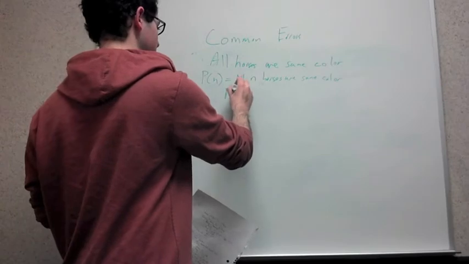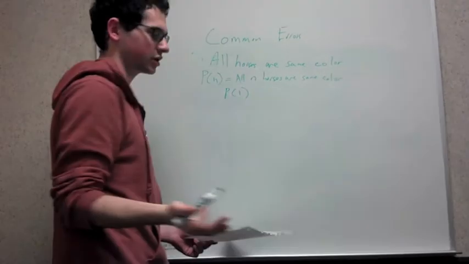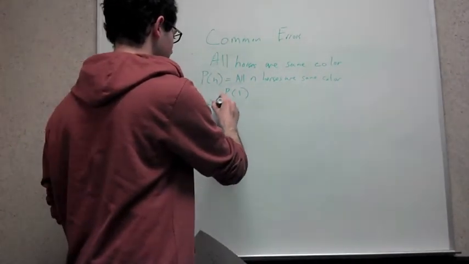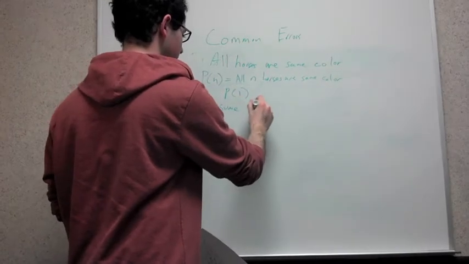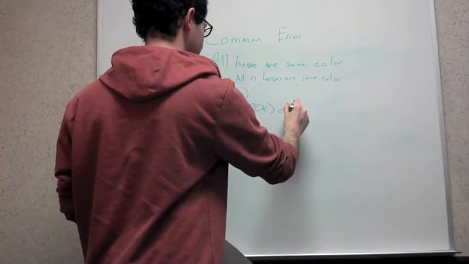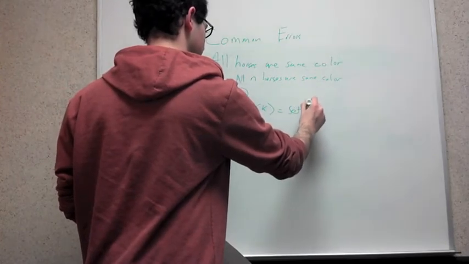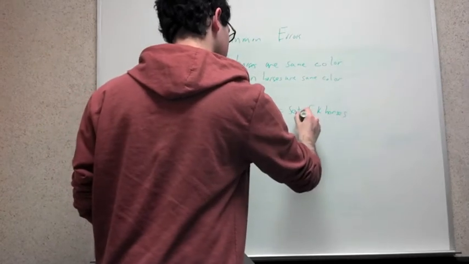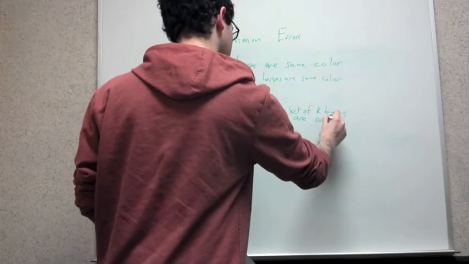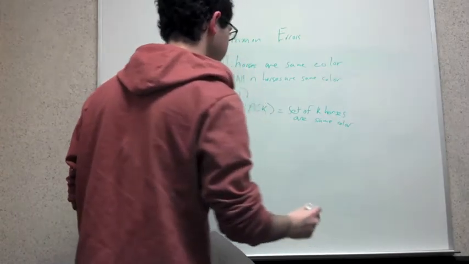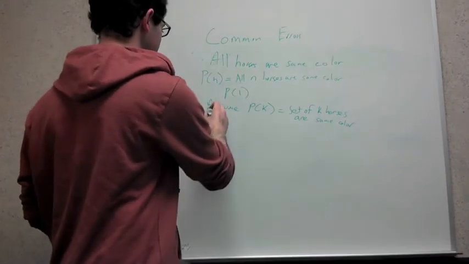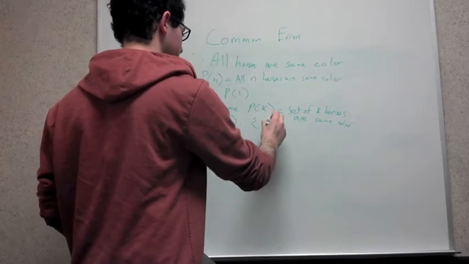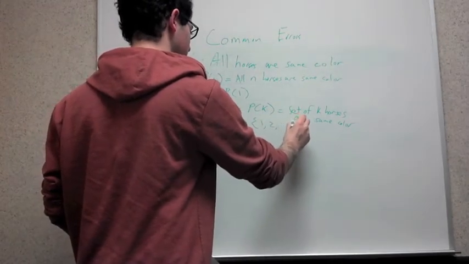So we'll start with p of 1, which is true because in any set of one horse, all the horses in the set are the same color. And now we'll assume p of k, which means that any set of k horses are the same color. So then we'll use this to prove k plus 1. So now we have some set of horses, 1, 2, all the way to k plus 1.